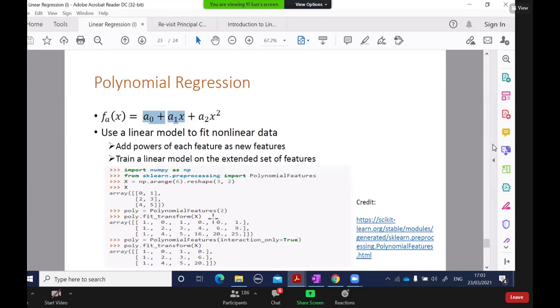So what is this? This is called the interaction between the 2 features, that is the product of the 2 features. The first row is 0 here. The second row, the product is 6, that is here, and then 20 is here. So when you run polynomial features to the power of 2, this is what it returns to you. And then you can decide which columns you would like to use. Maybe you only want to use the interaction term only, then you set it to true.